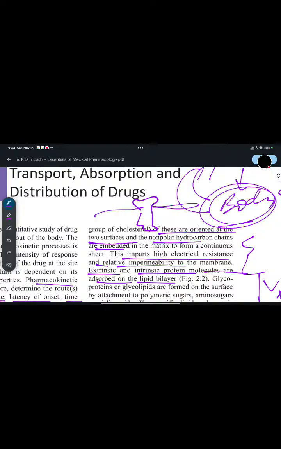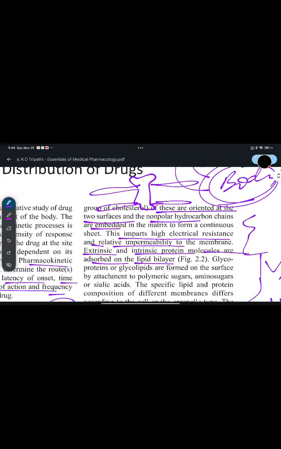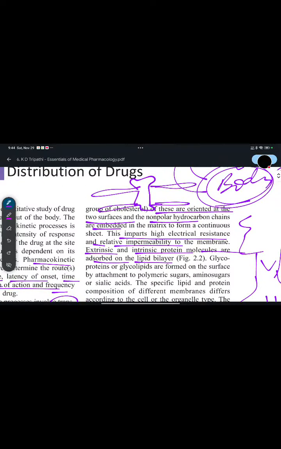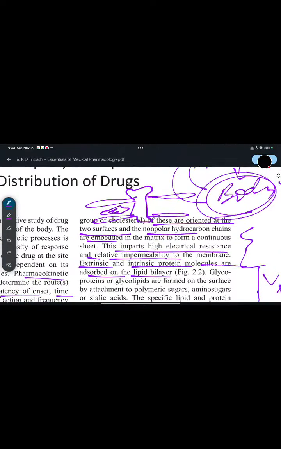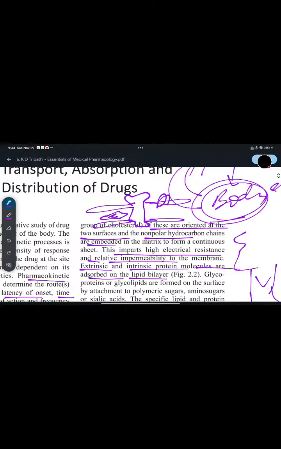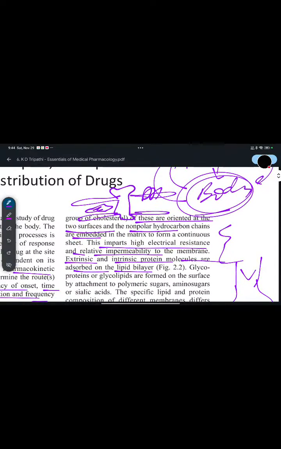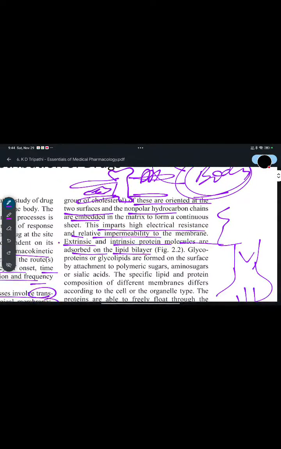Some proteins are present inside the bilayer, called intrinsic proteins, and some are present outside the bilayer, called extrinsic proteins. That means they are attached to the lipid bilayer, or present inside it.